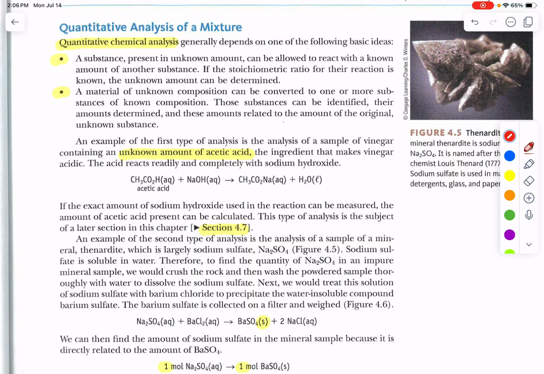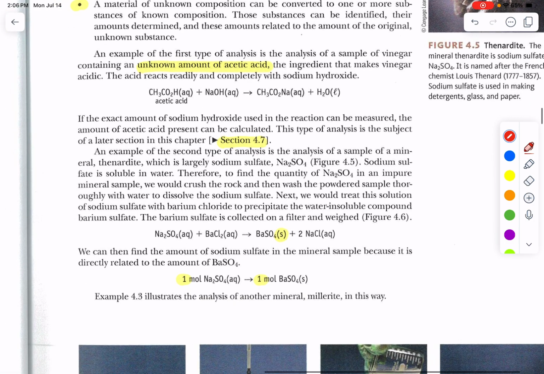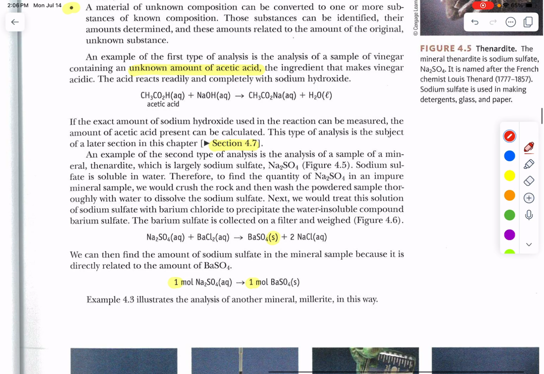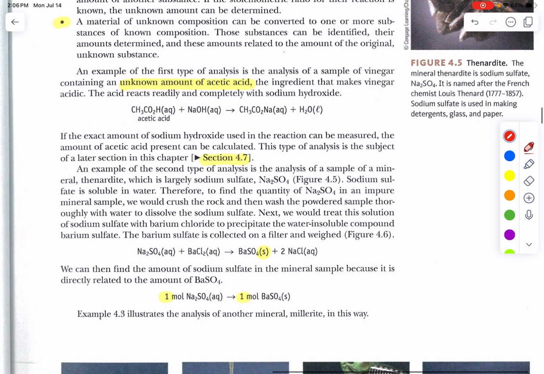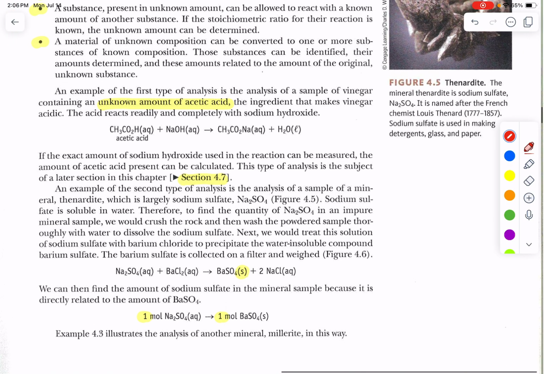There's also a form of quantitative analysis that involves combustion as well. So we'll get to these. And so they begin with this example. We have an unknown amount of acetic acid.